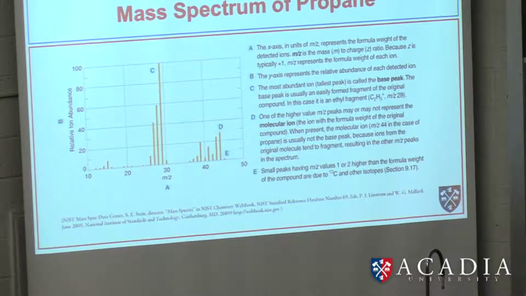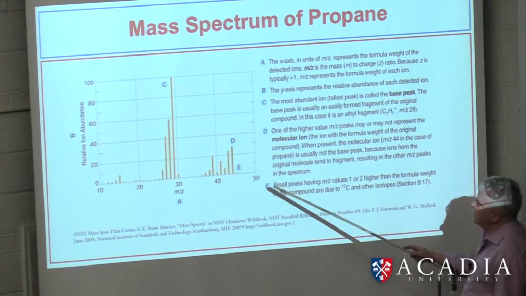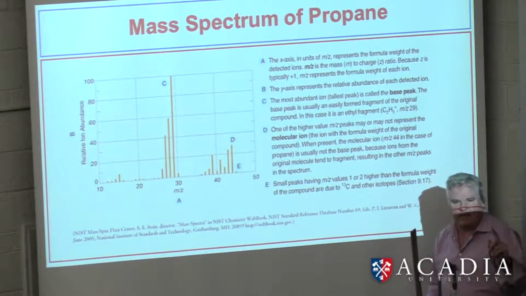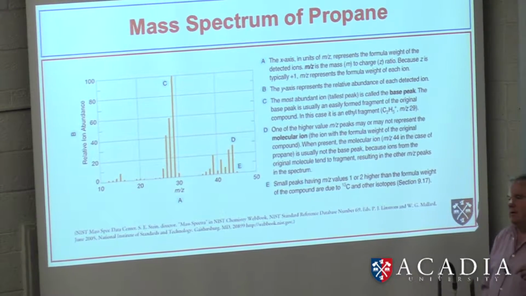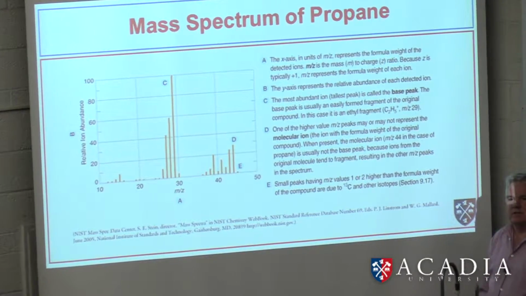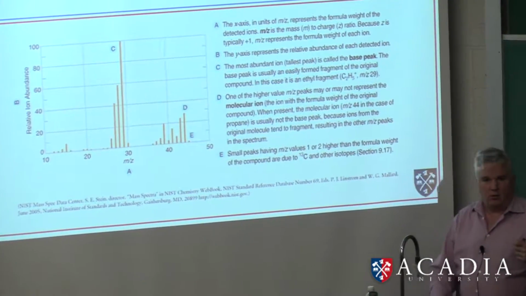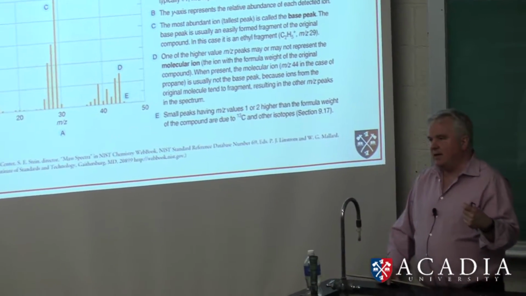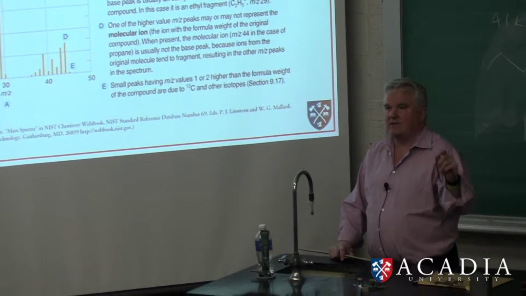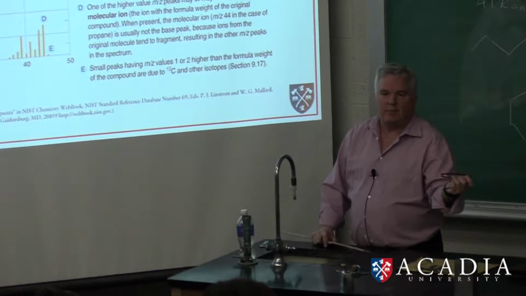We also see a lot of small peaks. Now, what's going on here? We'll talk about this in a second. One of the things you have to remember is that carbon, for instance, what's the atomic mass of carbon? Well, atomic mass is defined as carbon-12 has an atomic mass of 12. But there's also carbon-13.